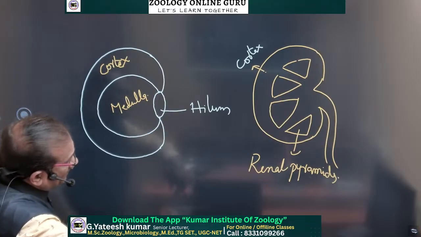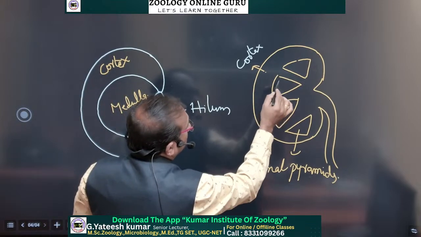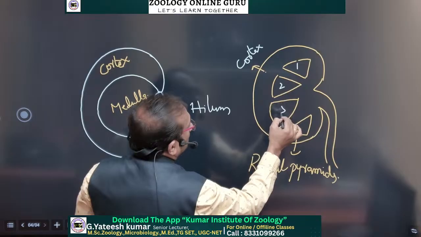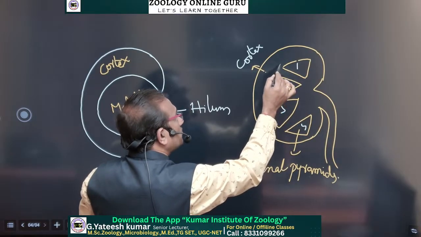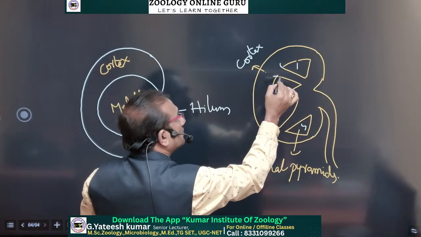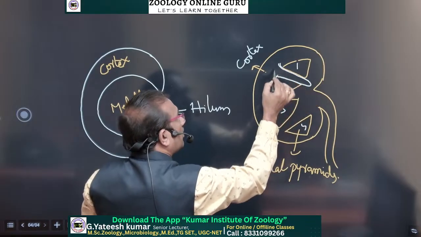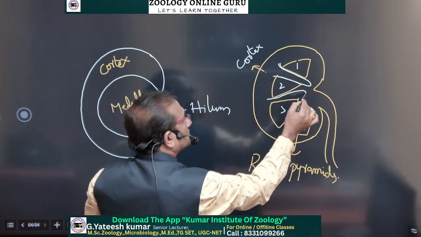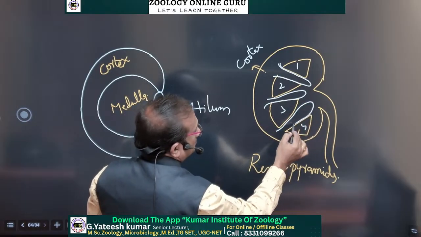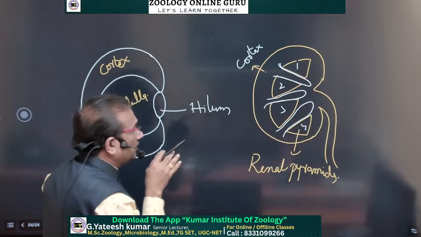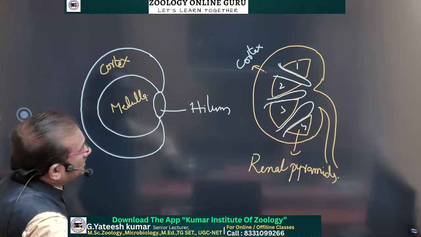The medulla is in the form of medullary renal pyramids. Suppose here 1, 2, 3, 4 medullary pyramids are there. Between two medullary pyramids, the cortex enters inside and makes a column-like structure.